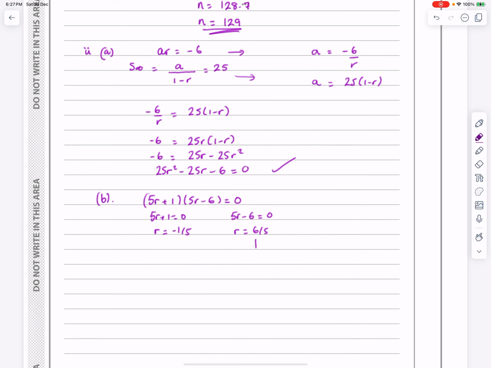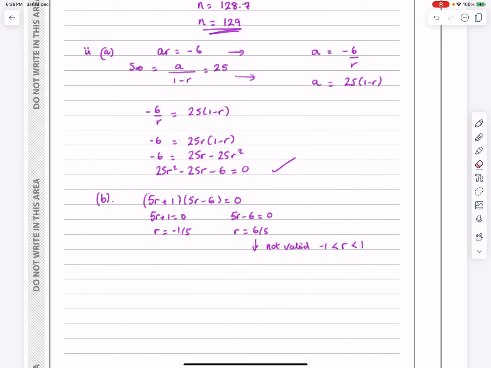Well, that one's not valid. Why is that not valid? Because r has to be between 1 and minus 1. The modulus of r has to be less than 1. You could have said either one, it would have been the same thing. Don't say both, just say one of them.